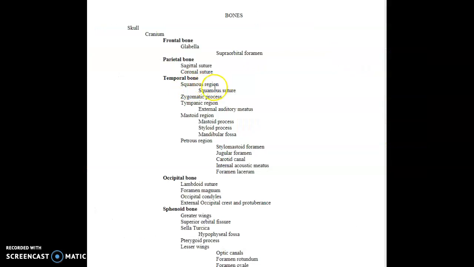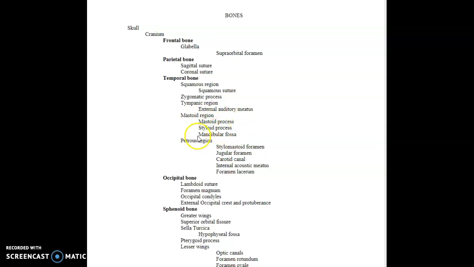So the flat region had a suture that connected it to the parietal bones called the squamous suture. The tympanic region has that external auditory meatus, in other words, the ear canal. The petrous region was the thick mountainous region. The mastoid region contained the mastoid process and contains these other things.